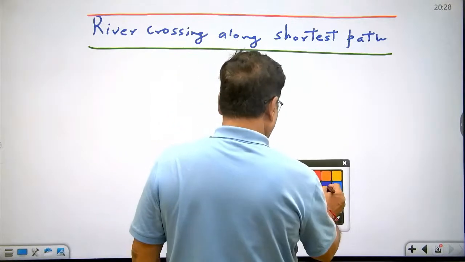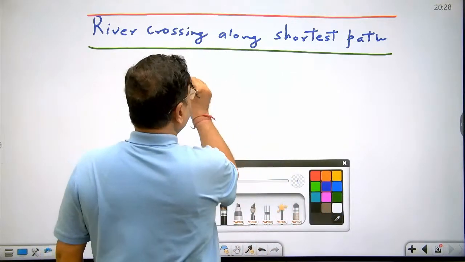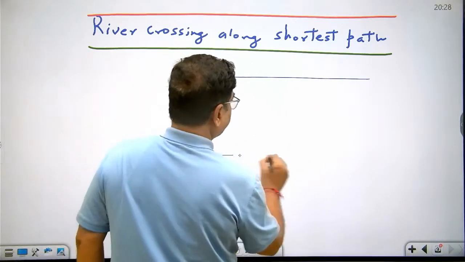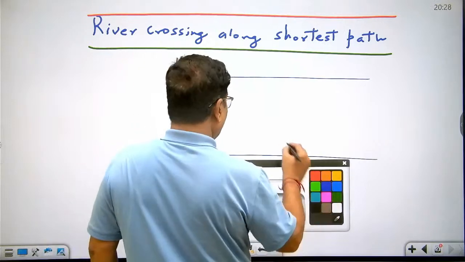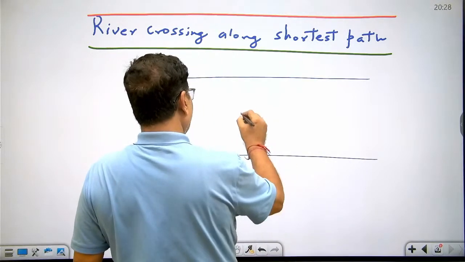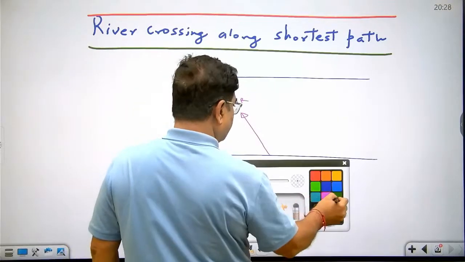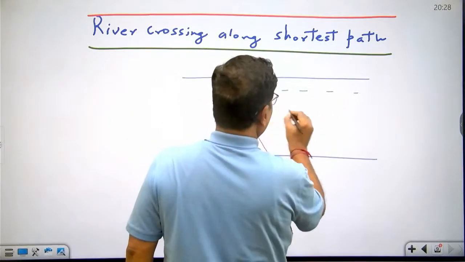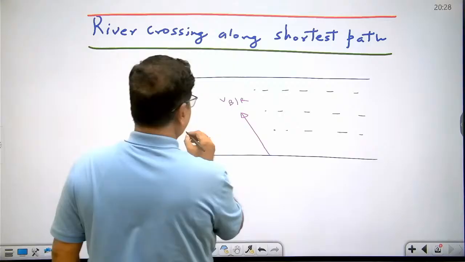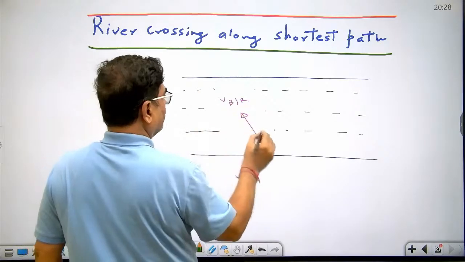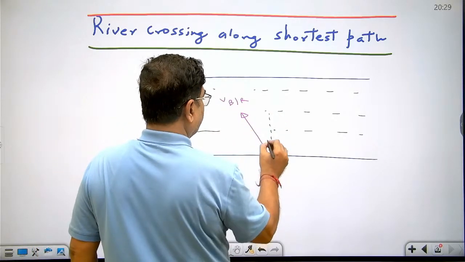So now let's visualize the case. Suppose this is the river and this is the velocity of boat in the river, and this is the river flowing with velocity VRG at angle theta.